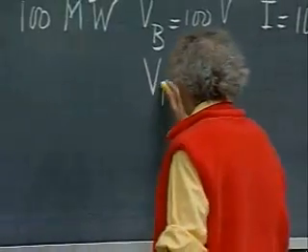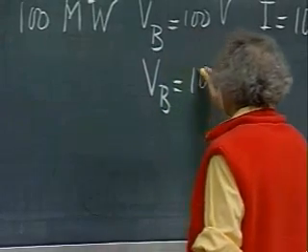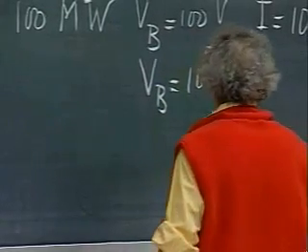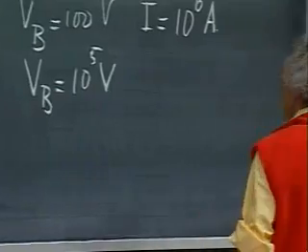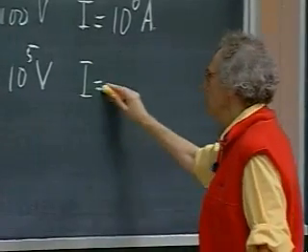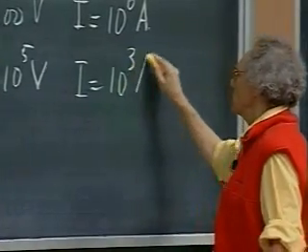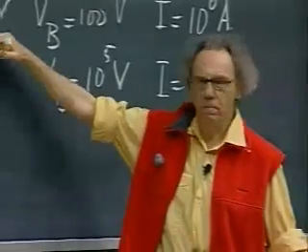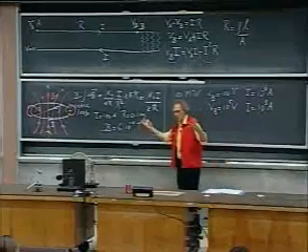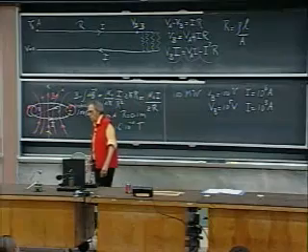Alternatively, suppose that the potential at B in the wire is 100,000 volts, 1,000 times higher. Now the current is only 1,000 amperes. Gives me the same power. In both cases, I am consuming at a rate of 100 million joules per second.